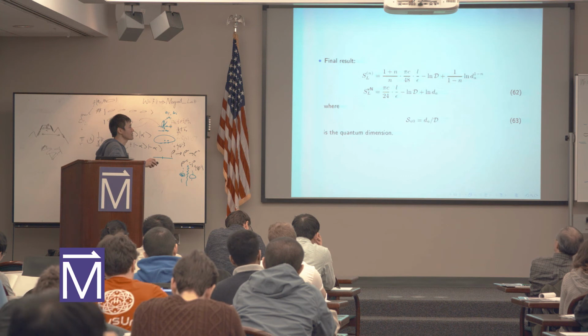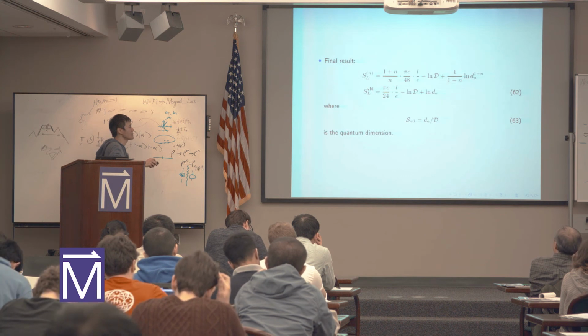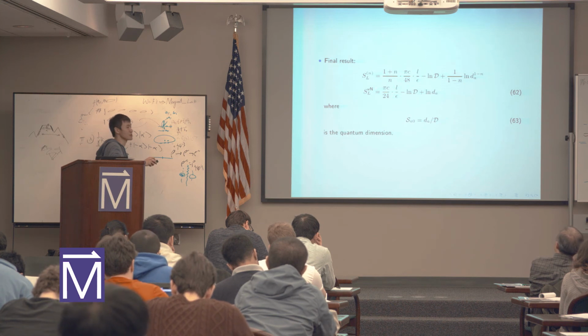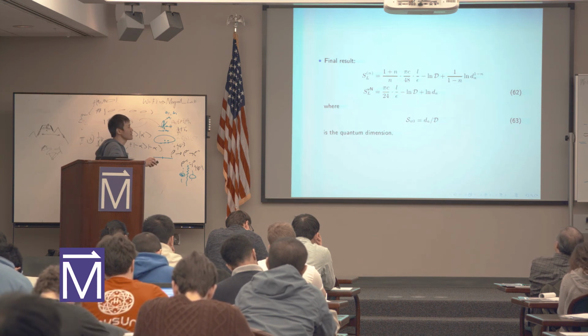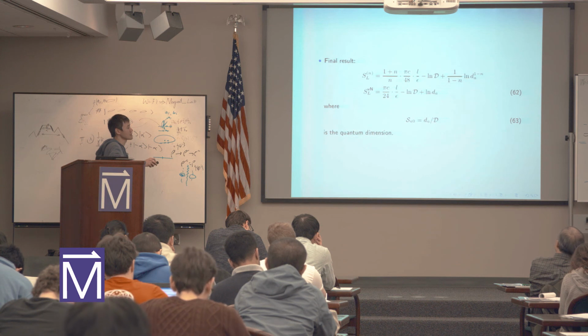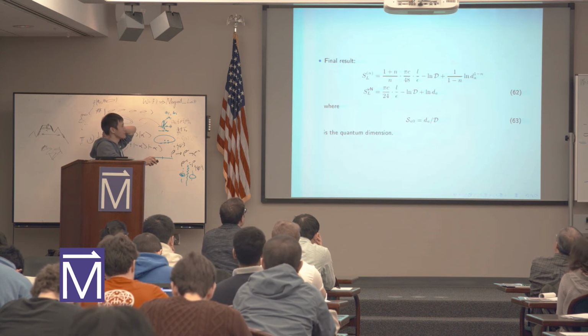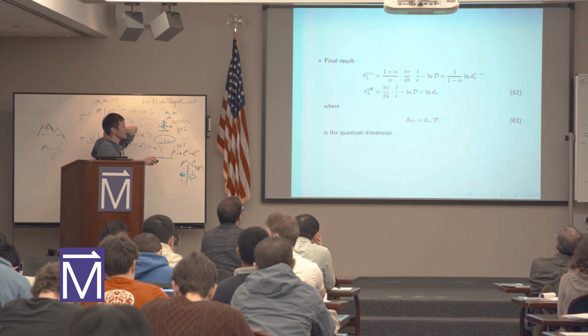This part, unfortunately, is not universal, because as you change this regularization parameter, this part will be modified. But there's a subleading term, which is like this F we just talked about like 10 minutes ago. This part is related to this S matrix this way.